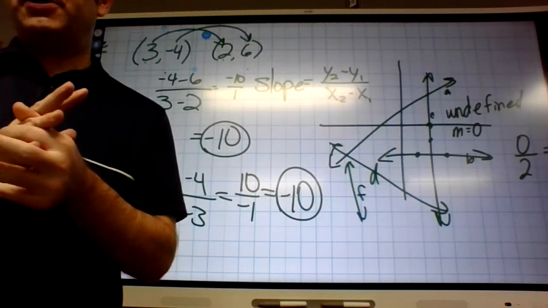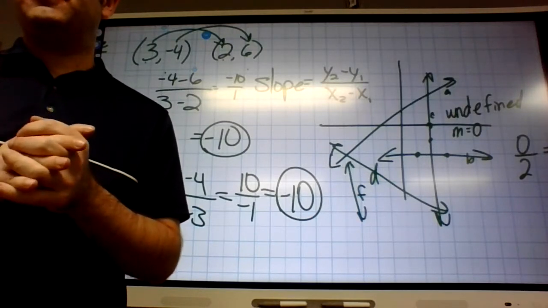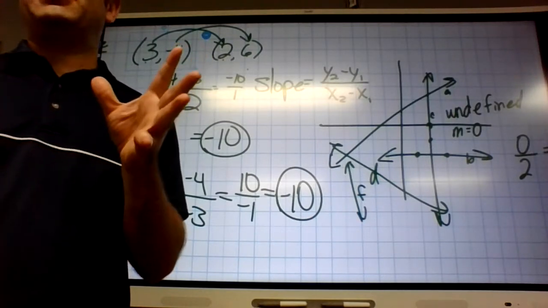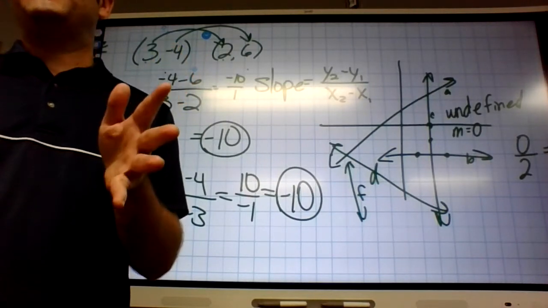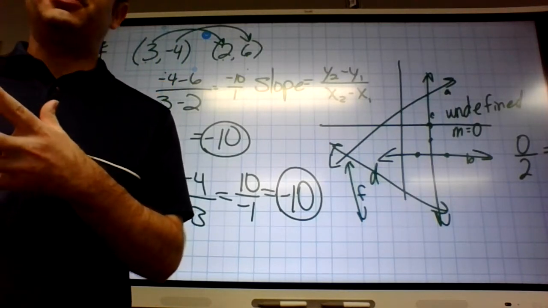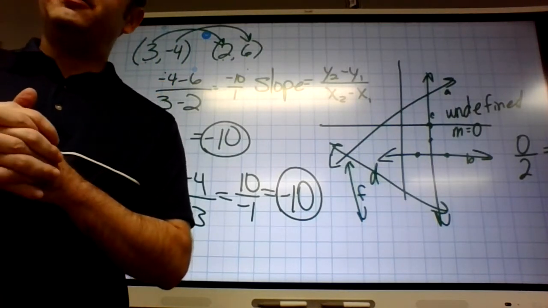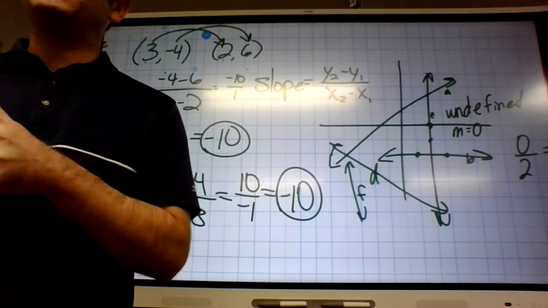Number 5, this one's confusing. Which line has the slope with the greatest absolute value? Okay, absolute value makes everything positive, right? So if you did the absolute value of negative a million, it'd be positive a million, so it'd still be a really big number. So technically negative a million is a small number, but when you do absolute value, it makes it huge.